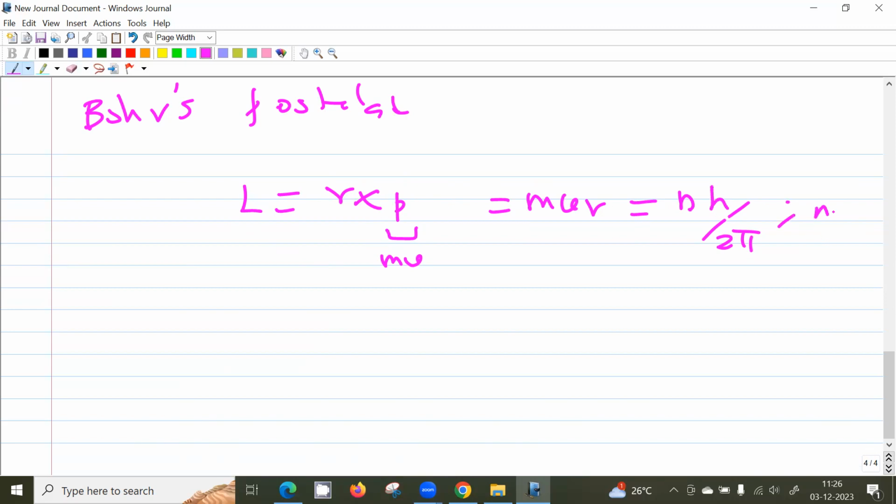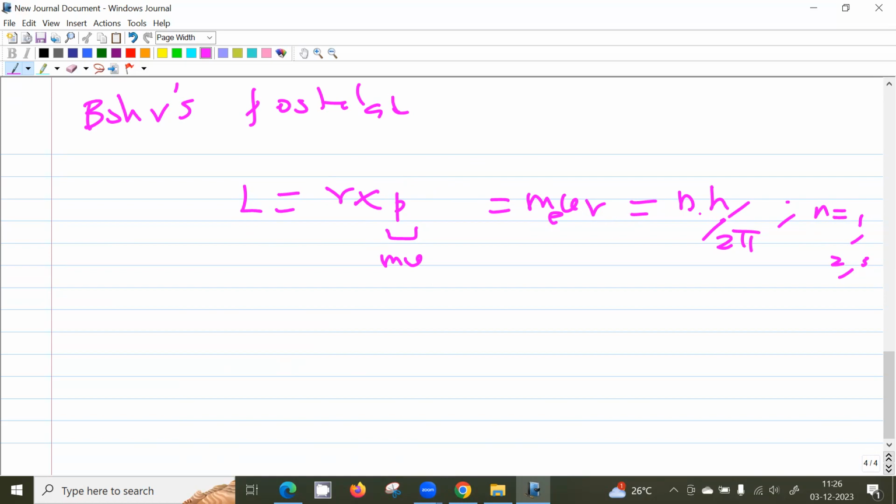So n will be like 1, 2, 3, and so on, up to infinity.